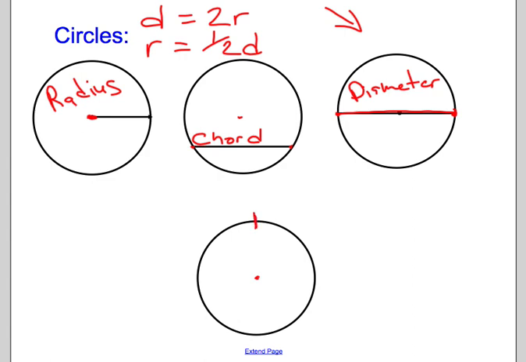If we were to cut the circle at this point and lay it out flat, what would that distance around be? We call that distance around the circumference. We're going to discuss how to find circumference.